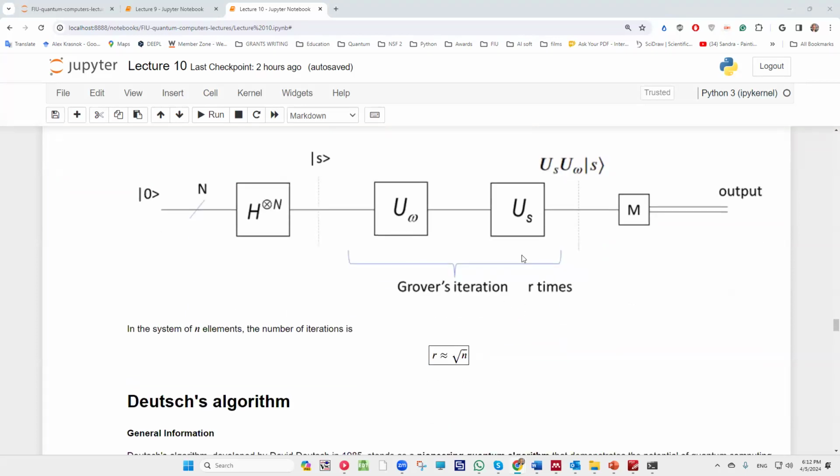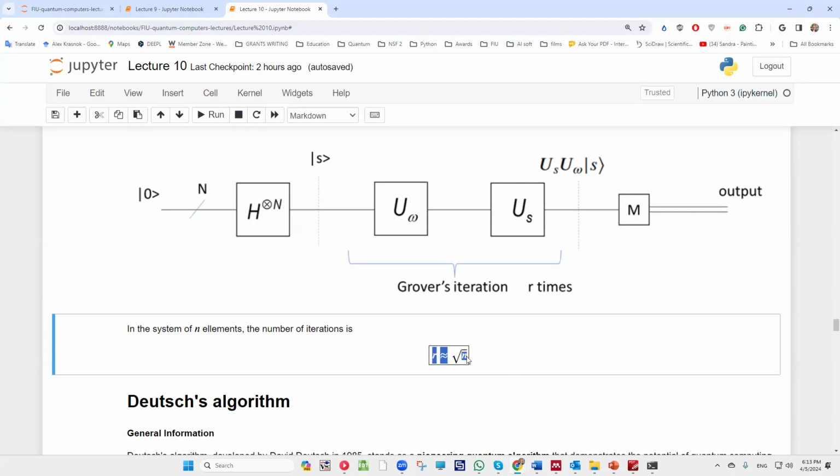The number of Grover's iterations must be almost equal to the square root of N, where capital N is the number of basis vectors. Small n is the number of qubits, and this number of qubits encodes 2 to the power of n basis states.